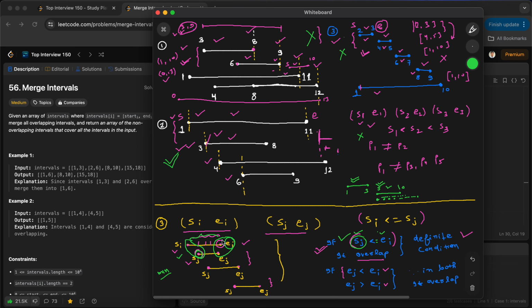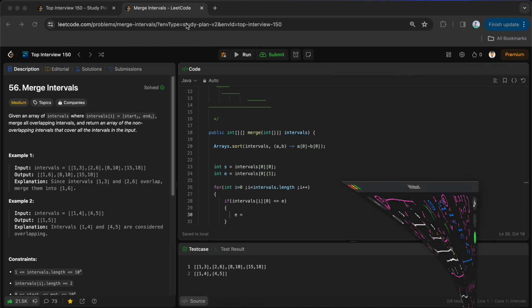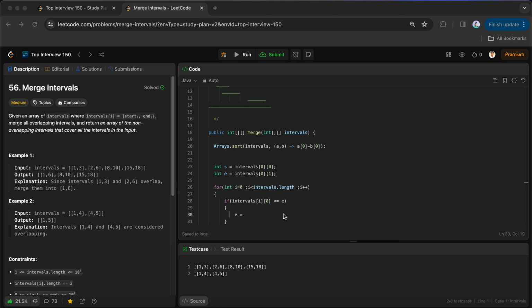Because in every case, whether it comes here, here, or here, it will take the maximum range, because we have to define the whole interval after overlapping. So I will take the maximum range here and the minimum range here. Same thing I will do for defining the end point.